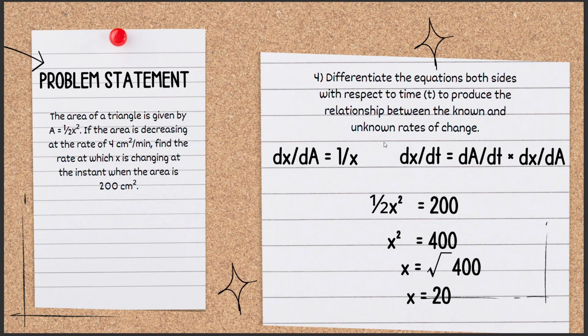Then, differentiate the equation on both sides with respect to time t to produce the relationship between the known and unknown rates of change. The example is dx per dA is equal to 1 per x. dx per dt is equal to dA per dt times dx per dA.